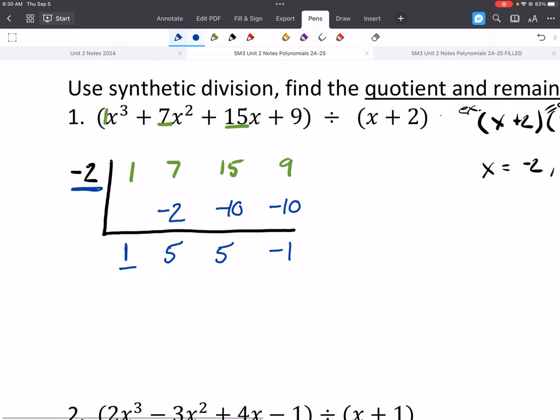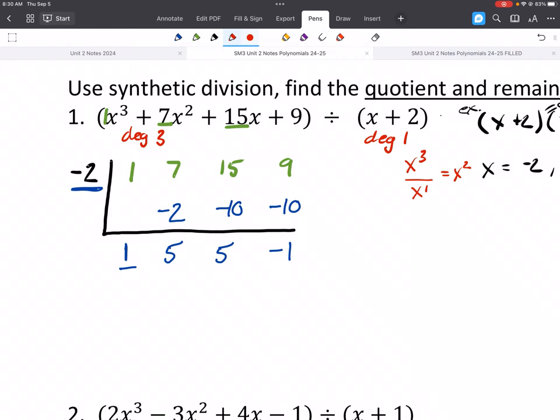So all we have to do is add in the variables and the exponents. Think about it like this. This is a degree of 3, and we're dividing it by a degree of 1. So when we talk about dividing polynomials, if we had x to the 3rd over x to the 1, we would get x squared.